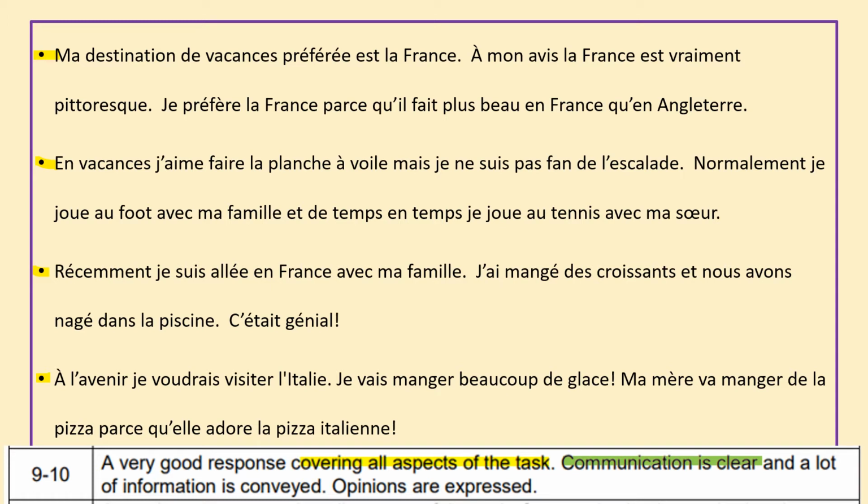I've picked language that I know is accurate. I didn't try anything fancy. I knew how to say j'ai mangé, so I used it. I practiced my past tenses before in my plan, so I knew that I was going to get them accurate when I put them into my text, so I knew that my communication was going to be clear.